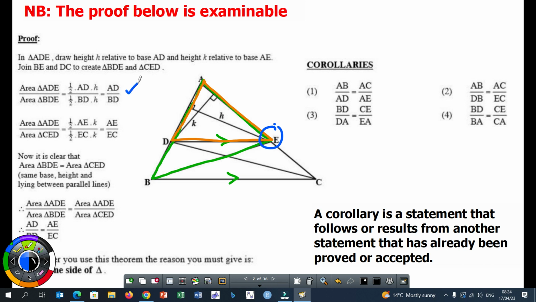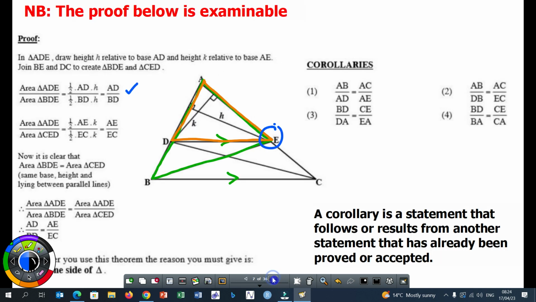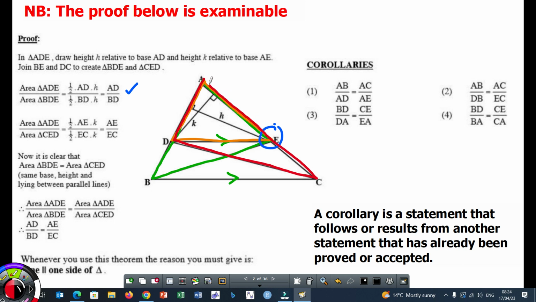Then the one on the right hand side, that is AE over EC. Again, we choose two triangles that share the same height. In this case, it's going to be height K. So it will be triangle ADC and obviously triangle ADE.